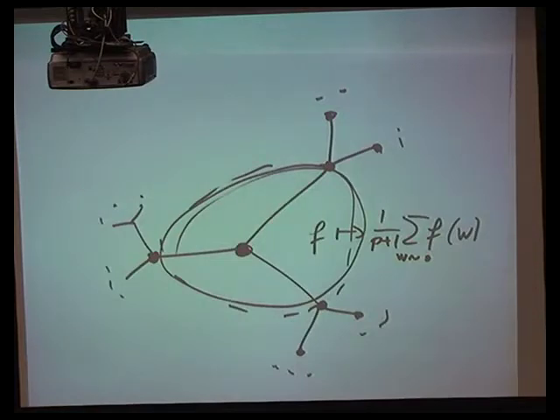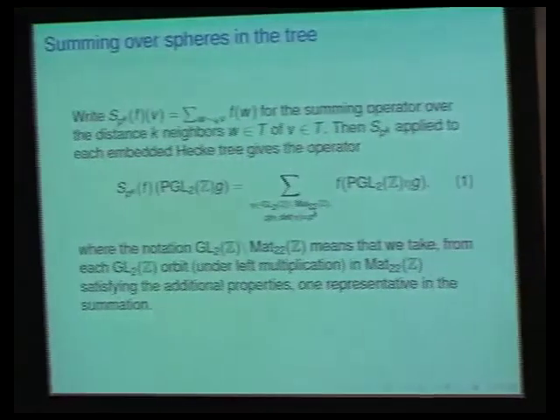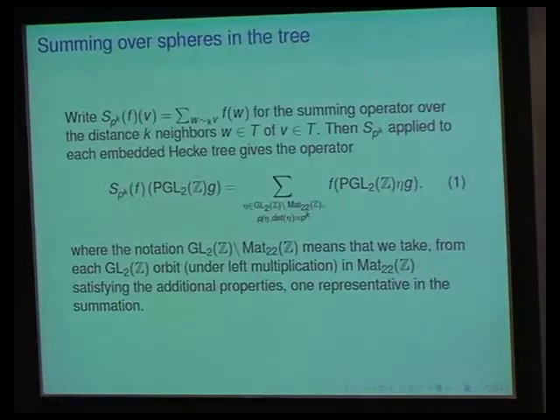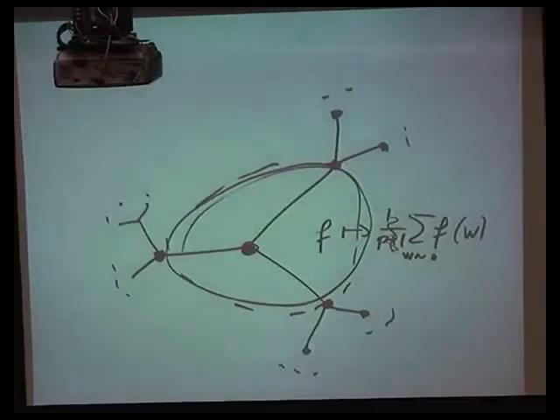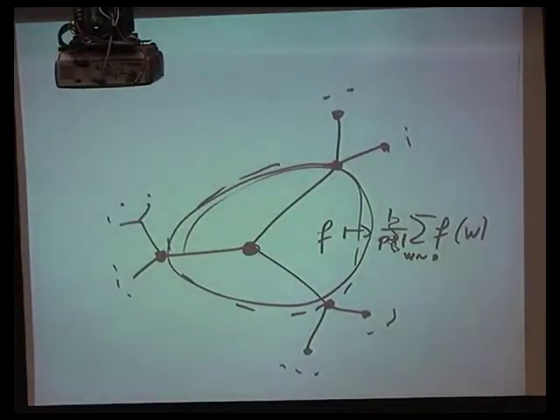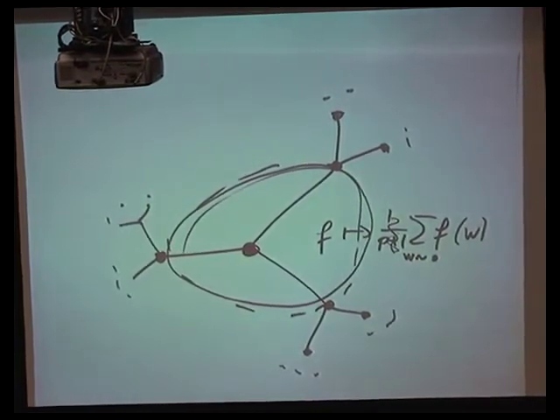And here we generalize that picture. We forget the averaging, meaning forget the incorrect normalization, and average over the distance k neighbors. Right, you have this combinatorial object, you know what the neighbor means.